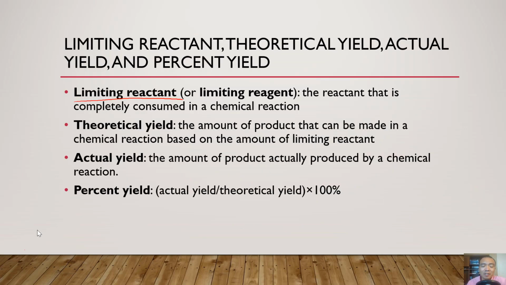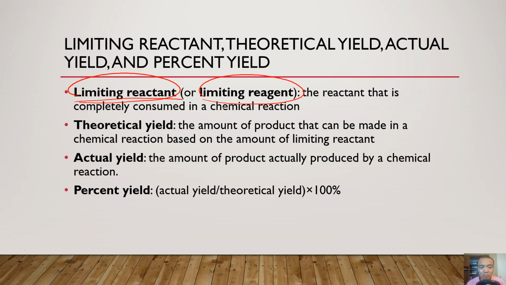It is very common that you could have several reactants reacting with each other. Then it's very probable that one reactant will run out first. And the one that runs out first is called the limiting reactant, or so-called limiting reagent.